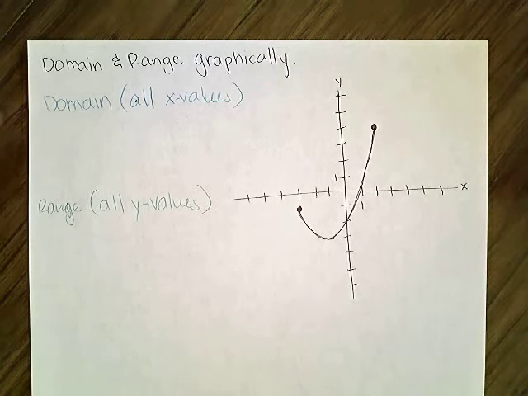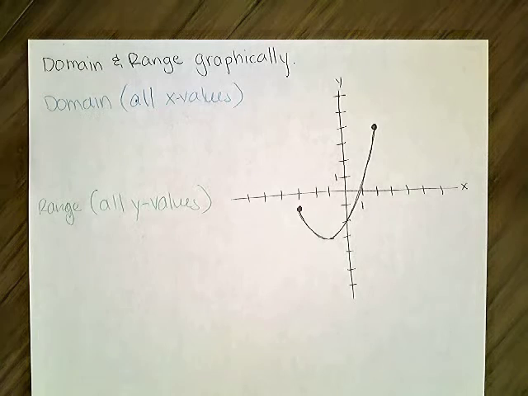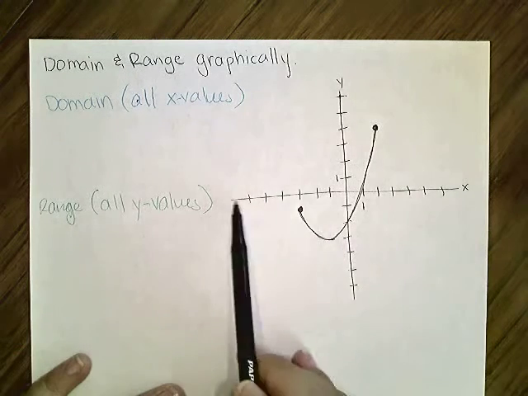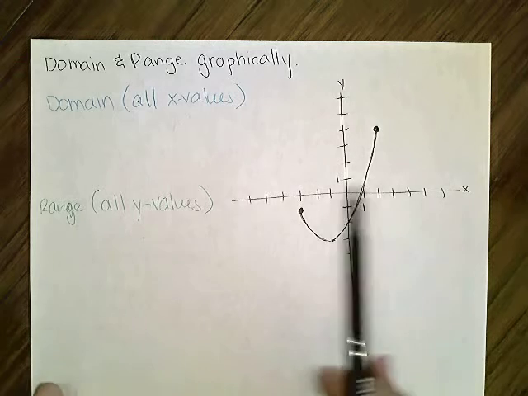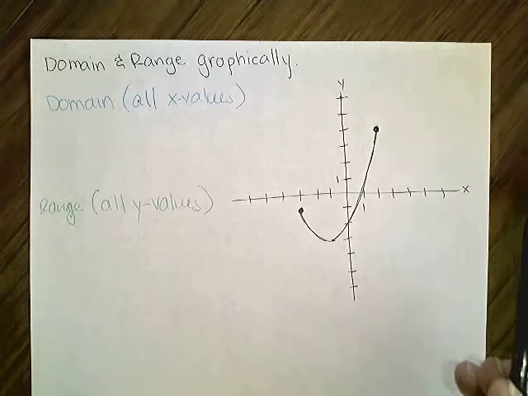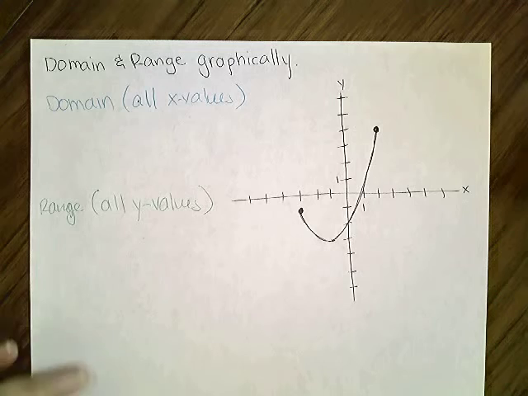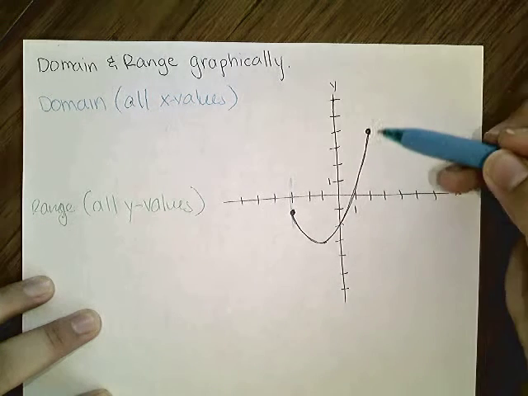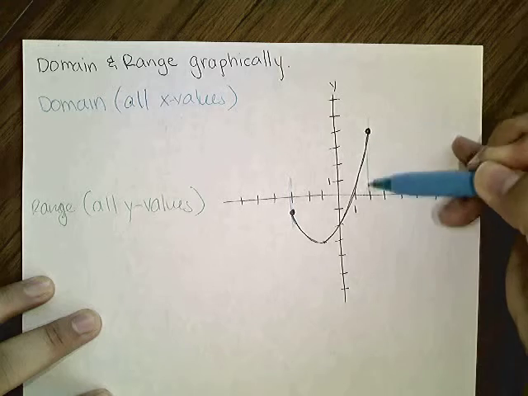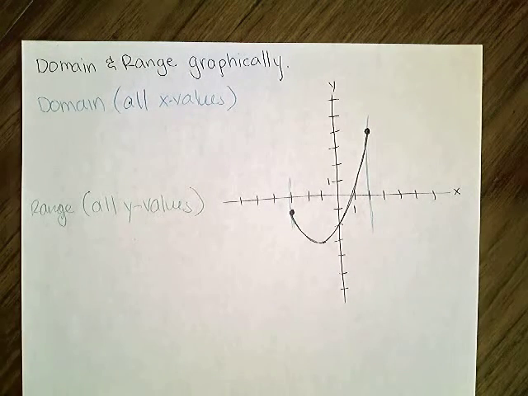So when we're looking for our domain here, when we look at all x values, x values move from left to right. So that's what we're looking at. We're just moving from left to right. So if we look at our graph here, the farthest left point versus the farthest point to the right. And then we want to look at those actual values.